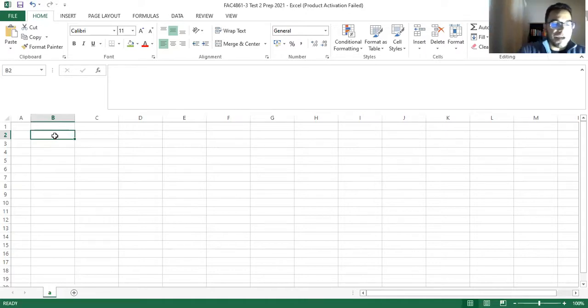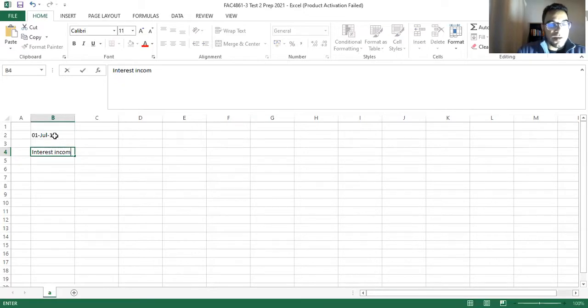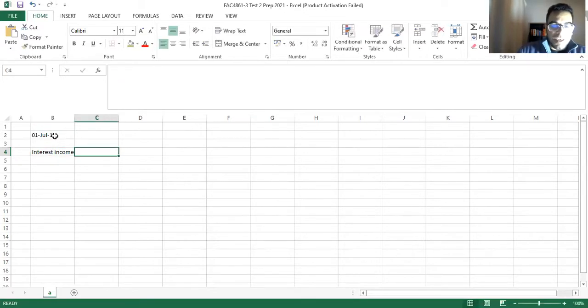So what's going to happen on 1 July 2017? We have to recognize the interest income we have earned for the 6 months. We're going to credit interest income, P&L.